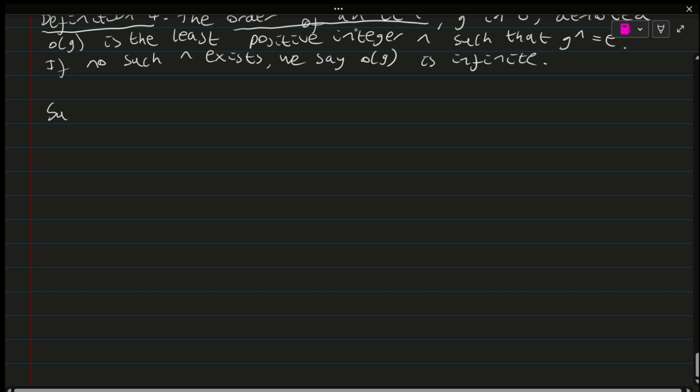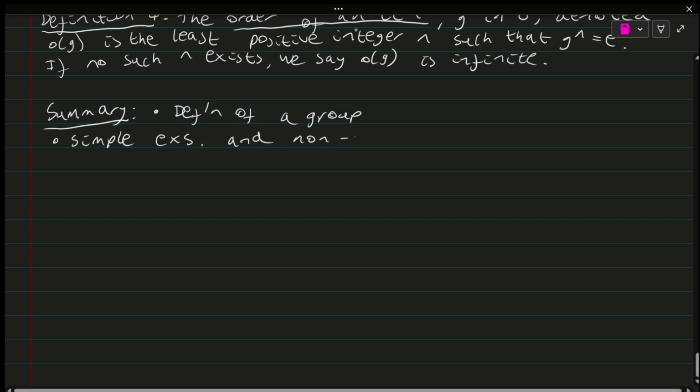So in summary, we've today seen the definition of a group. We've seen some simple examples and non-examples. We've looked at some basic proofs involving elements of groups.